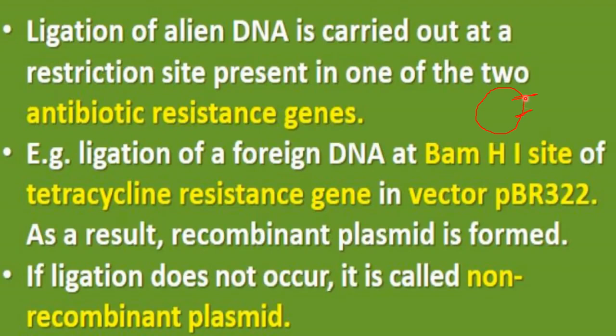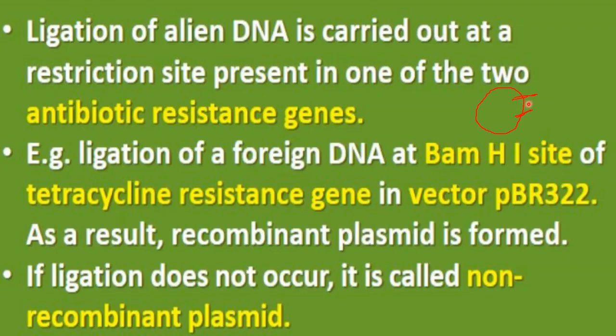That's why, if we cut our vector DNA with the BamHI enzyme, then obviously it will cut the DNA from this site, right? And the foreign piece of DNA, the alien DNA, will also attach here only, in this tetracycline resistance gene.